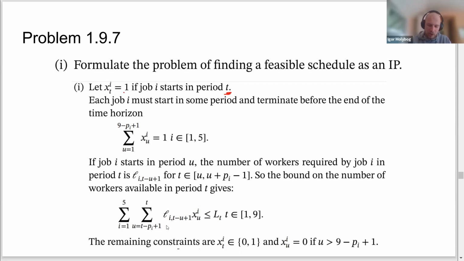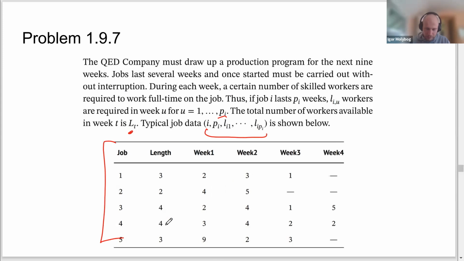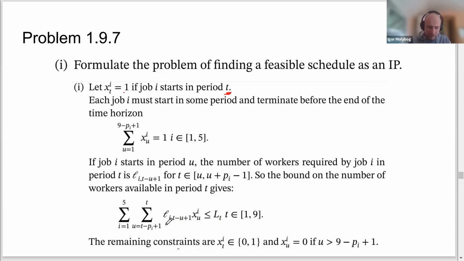Each job must start in some period and terminate before the end of the time horizon. The time horizon is 9 weeks, I believe, right?